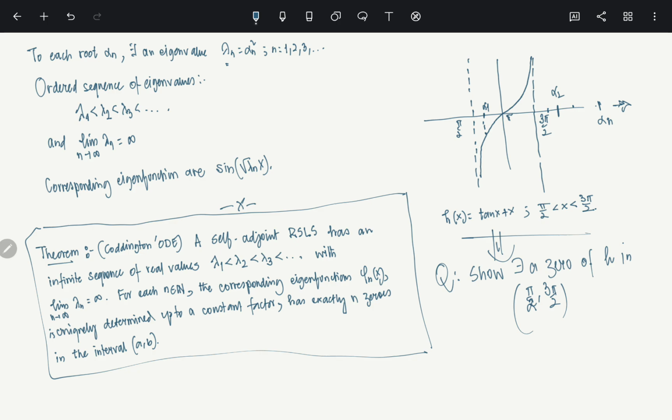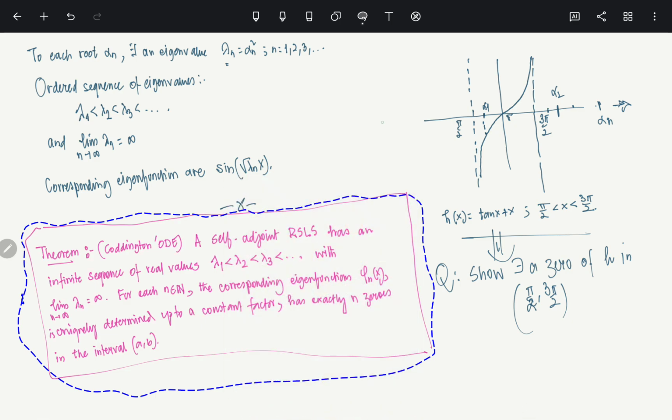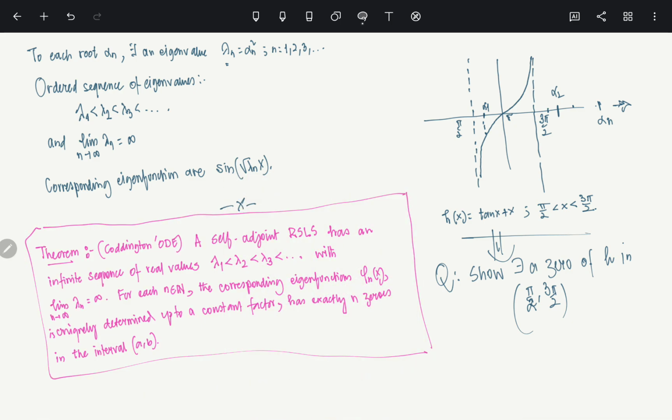Let us say there is a first eigenvalue lambda 1, and a corresponding eigenfunction phi 1 of x. The question is, does it have any zeros? So this says that phi n has exactly n zeros. So phi 1 has 1 zero, phi 2 will have 2 zeros, and it goes on like that.